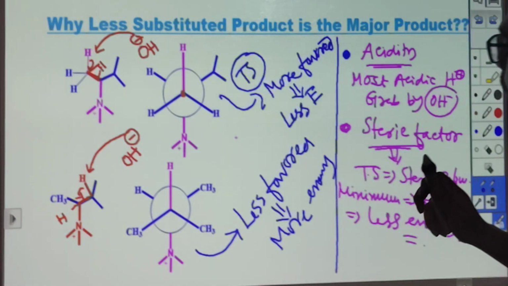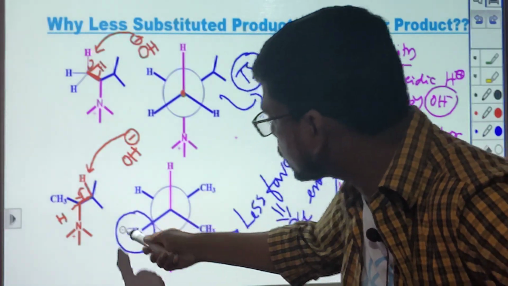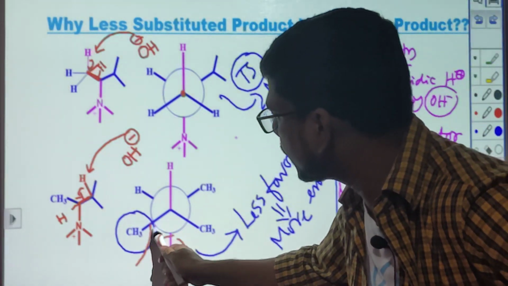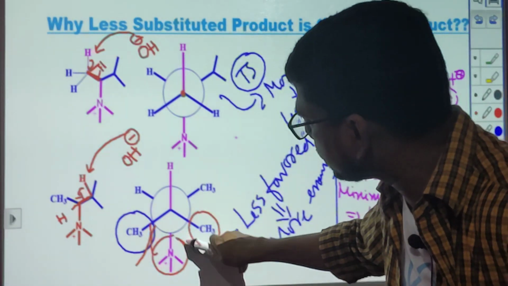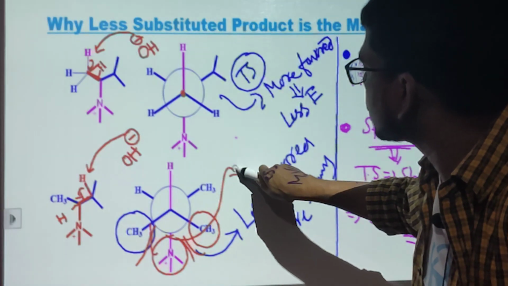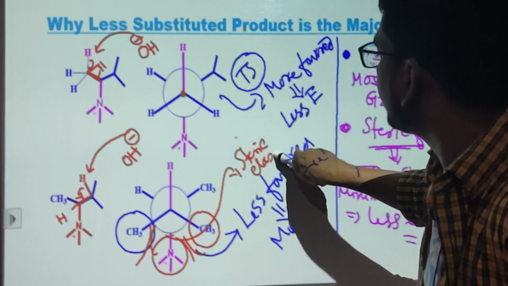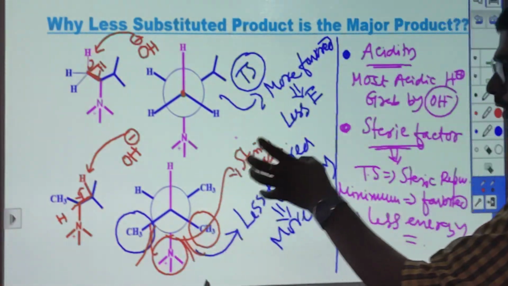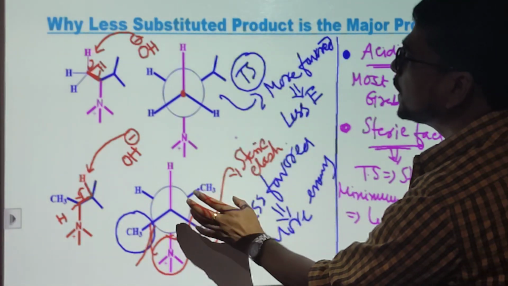Why? Because of steric repulsions between this CH3 and NMe3 plus, there will be a steric clash. Because of these steric repulsions, this transition state will have more energy, meaning less favored.